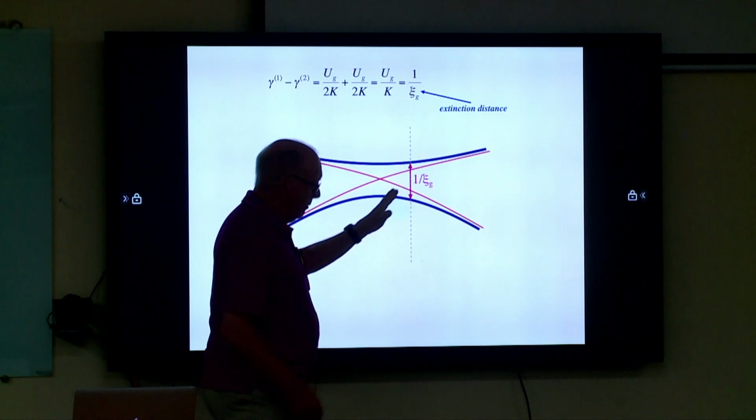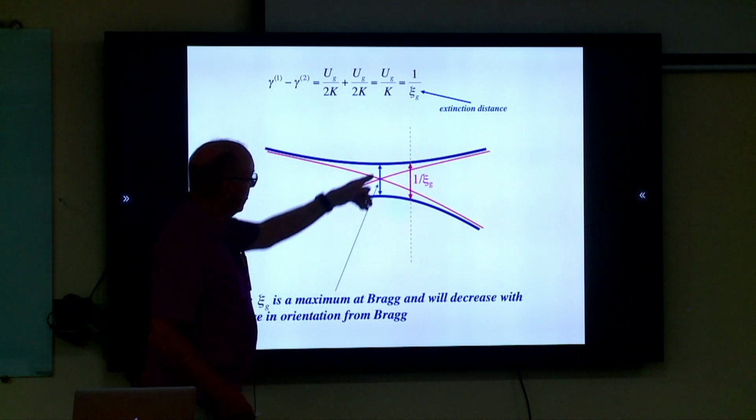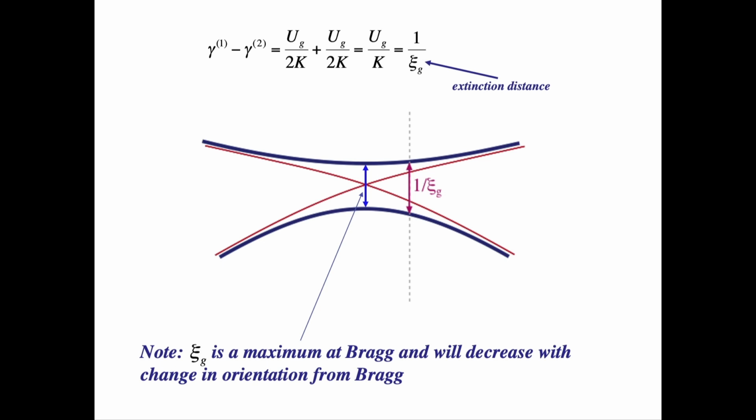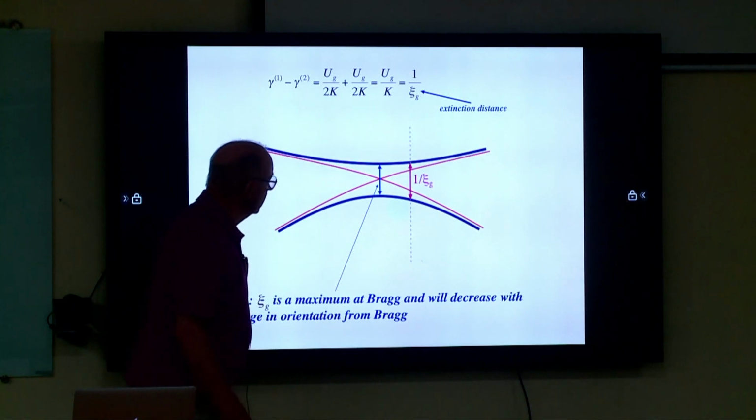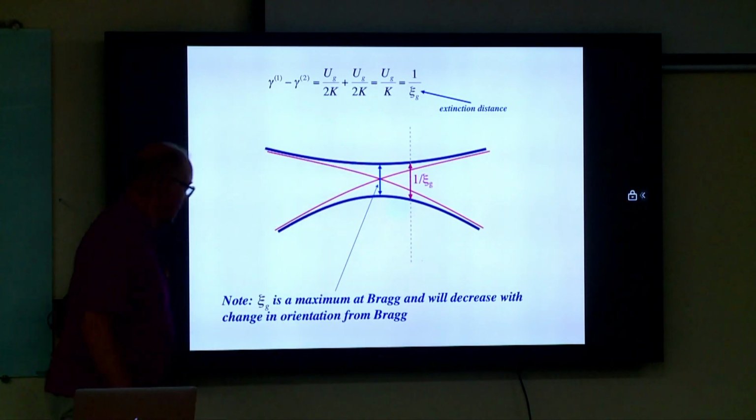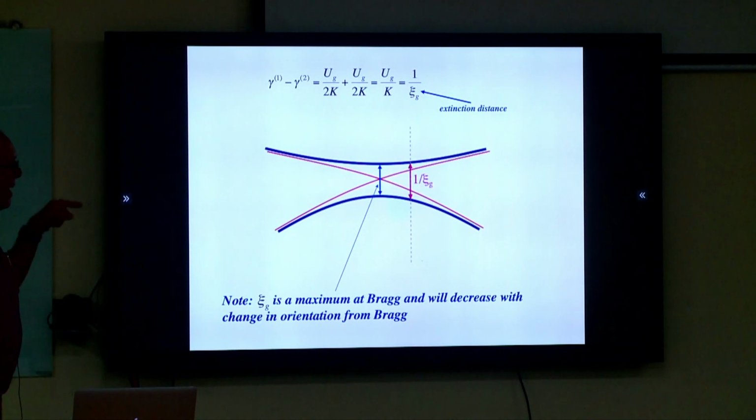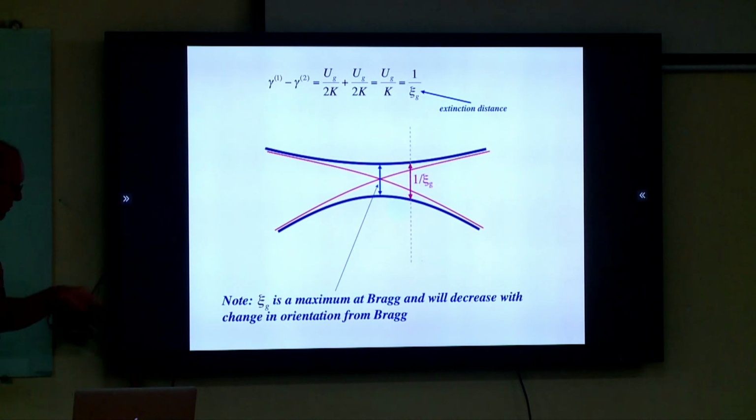And obviously at Bragg, I think I'll go to Bragg next. Yeah, at Bragg here, this would be 1 over the extinction distance at the Bragg condition. And so we can see that the extinction distance is at a maximum at the Bragg condition and will decrease with change in orientation from Bragg. So if you take your thin foil, with these thickness fringes we saw, and you were to orient the foil to the Bragg condition, that would say that the extinction distance is at a maximum.